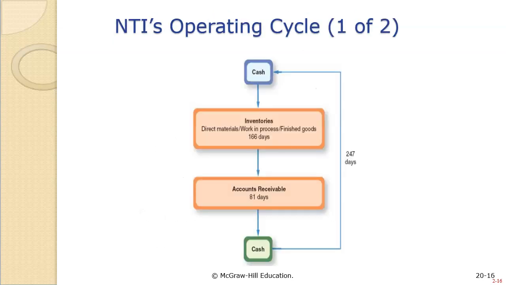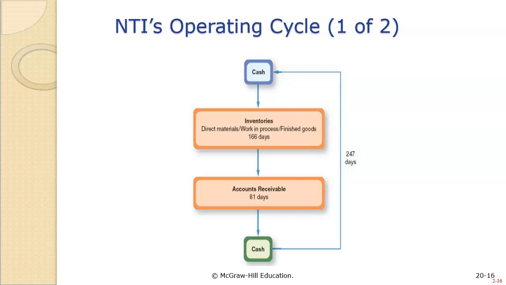So in this case, for NTI, their operating cycle was 247 days from when inventory was sitting or stuck in raw materials or being processed as work in process, and then 81 days of collecting cash.